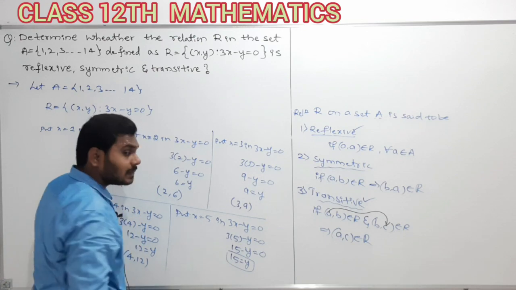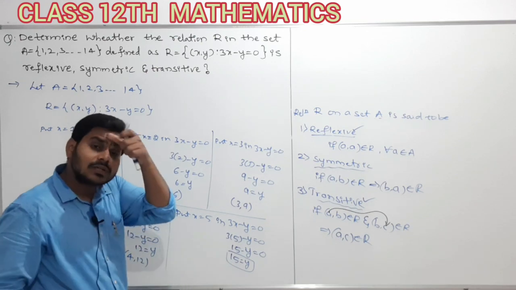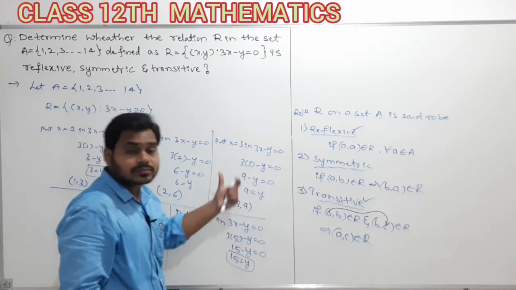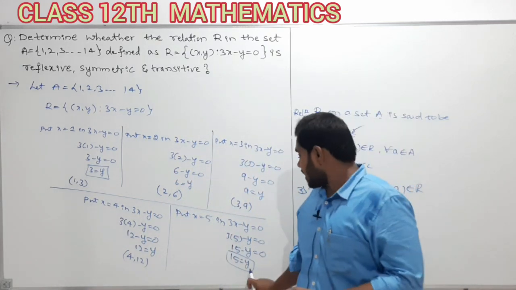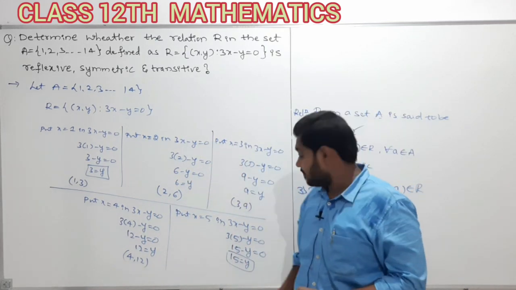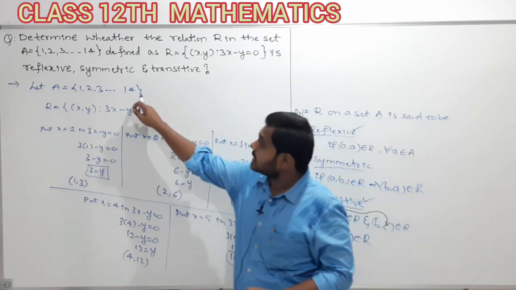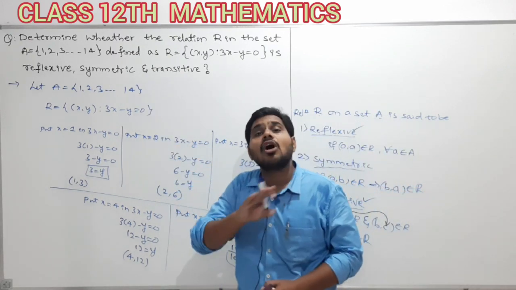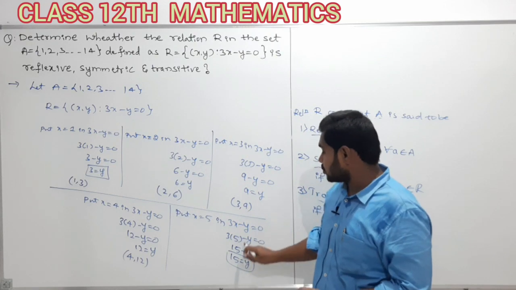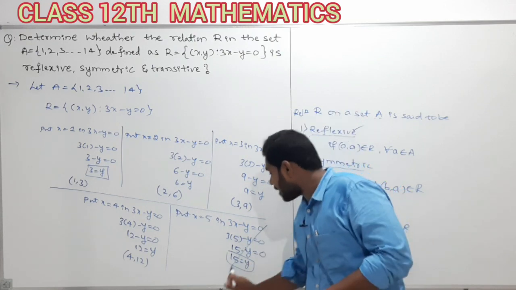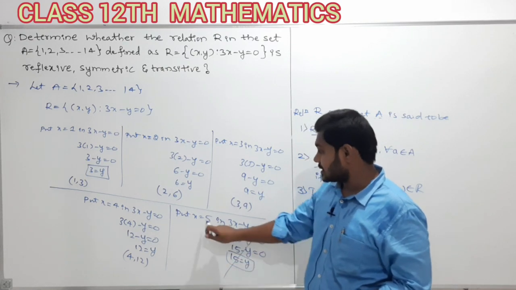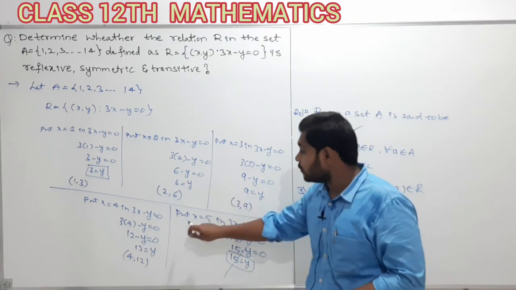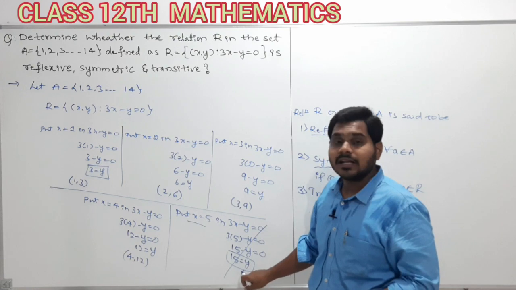My dear students, please observe what I told from the starting of this question. Both the x and y values must be in the set A. Whether 15 is there in the set A? 15 is not there, so we should not take this value. I can't take x value 5, because if you take x value 5, your y value is 15.